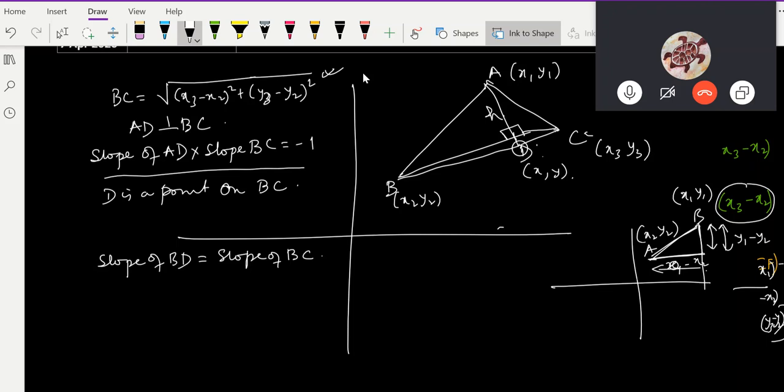So this is defined as the slope of a line: the difference in y coordinate divided by the difference in x coordinate.